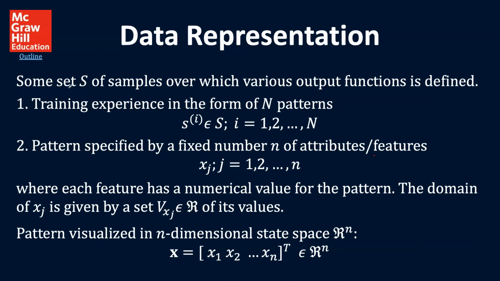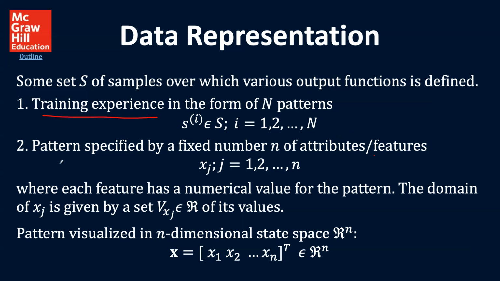So for some set S of samples, various output functions are defined with these things. And so we can have a training experience. What is the data that we're going to be using to see how well we're doing? It can have this kind of a pattern. You have samples that are a subset of the overall set of samples that you have at hand.